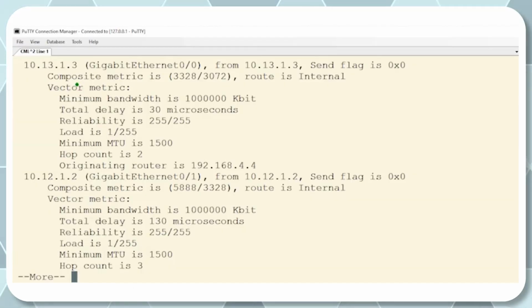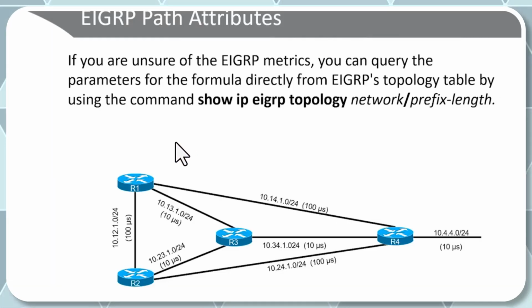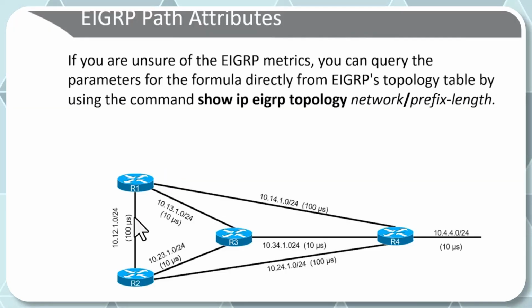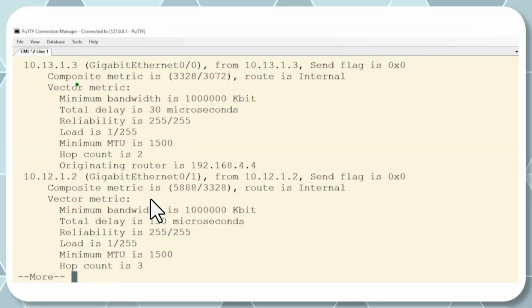Now if you check further, this is for router 1, gigabit 0/0. Now another, if we see 10.12, gigabit 1/0, this interface they are talking about. Here the composite metric is a bit different, 58883328.